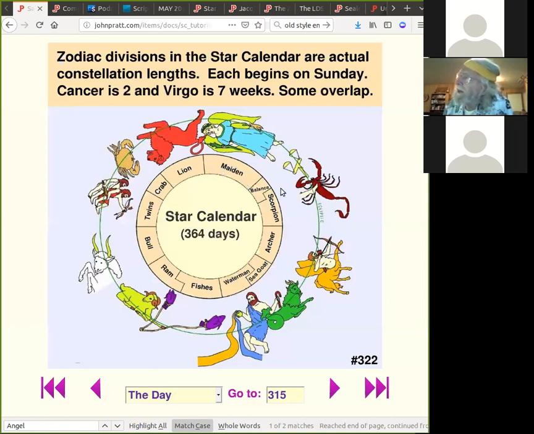And then some constellations overlap. The biggest overlap down here is the waterman's left hand, which goes all the way over the back of the goat. Anyway, that's a lot of overlap. There's really only these two that overlap on the calendar.